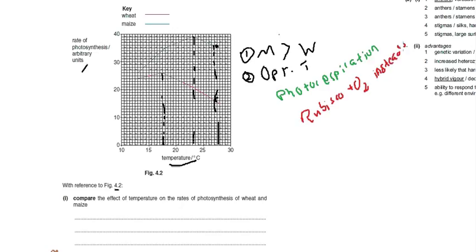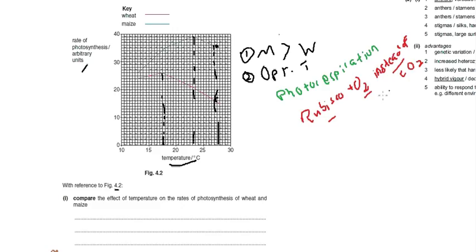If you don't understand this, take a look at the video on C4 plants, okay. Rubisco plus oxygen instead of carbon dioxide.